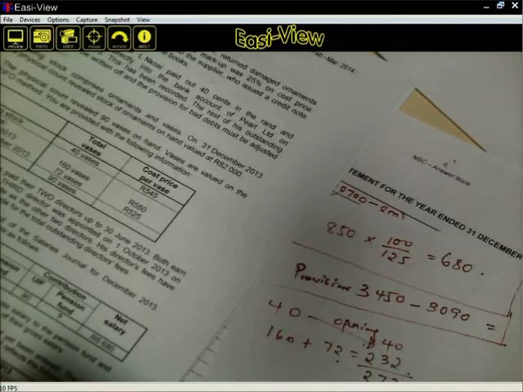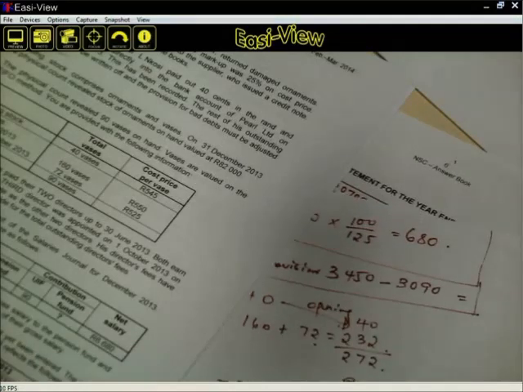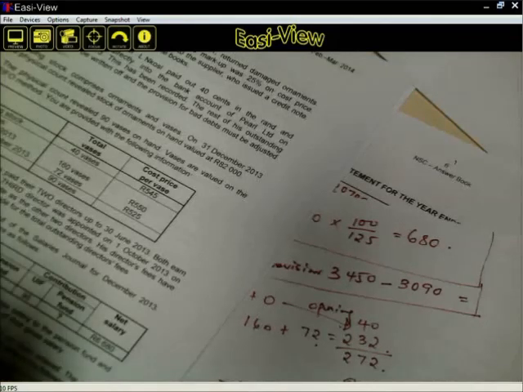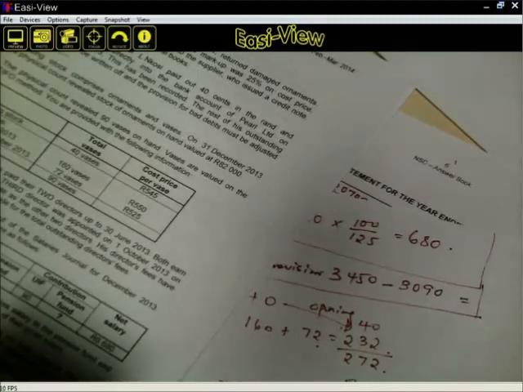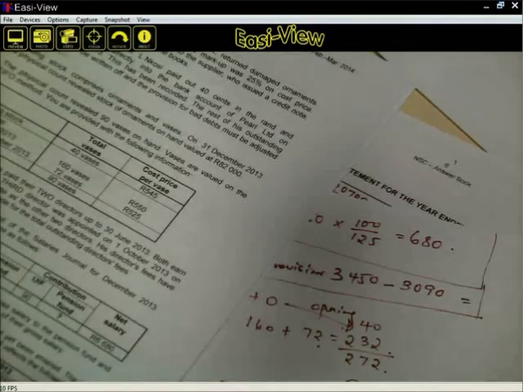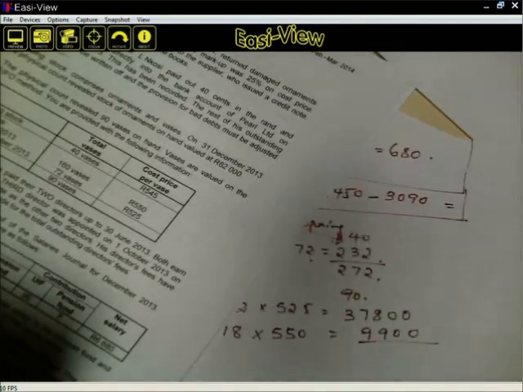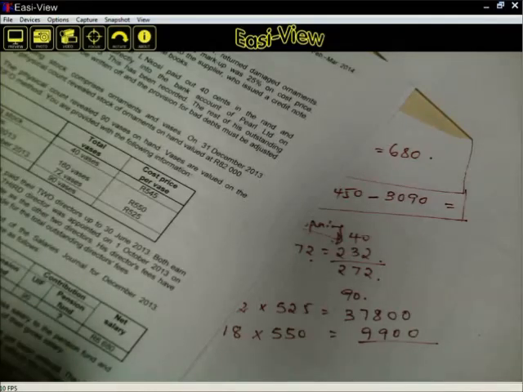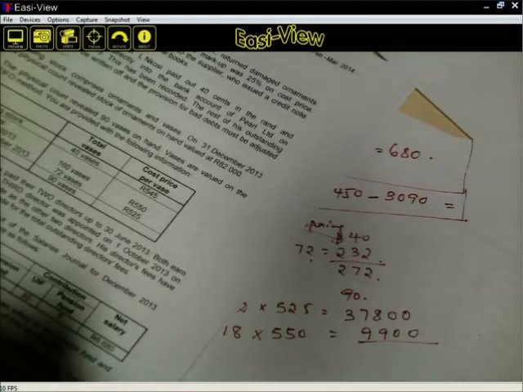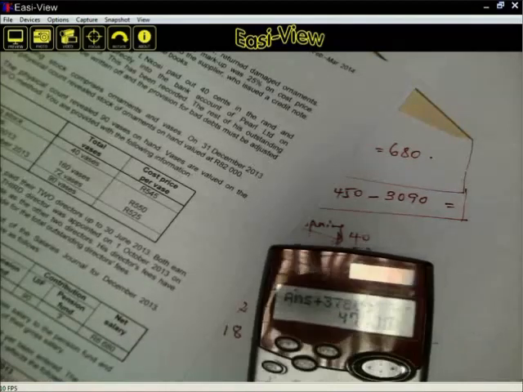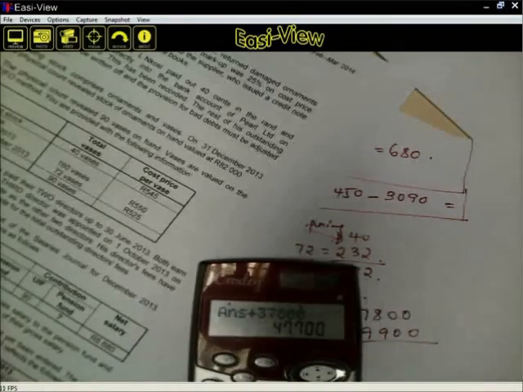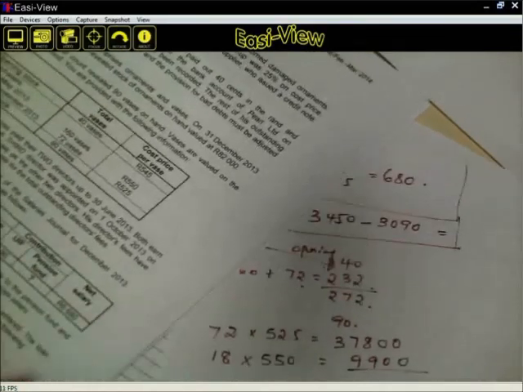This 18 vases comes from that one of 160, which were bought at 550. So we say 18 vases by 550, we'll have 9,900. So how much is our closing? 37,800 plus 9,900 is 47,700. That is our closing according to our FIFO.